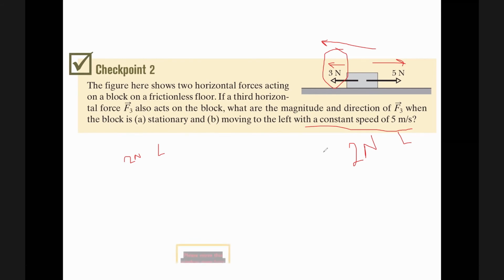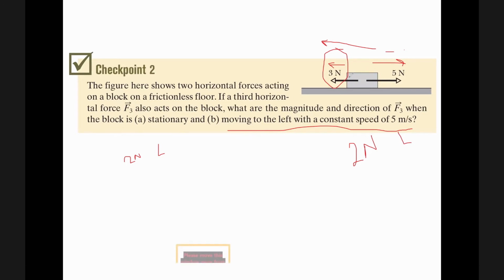Doctor, shouldn't it go to the right, 2 Newton? Why? If it's to the right, it becomes 7 against 3, so net force means net acceleration. No, I'm not talking about the net force, I'm talking about the force. If you said the answer is I should add 2 Newton to the right, then the square will go to the right because the force on the right is much bigger than the left.